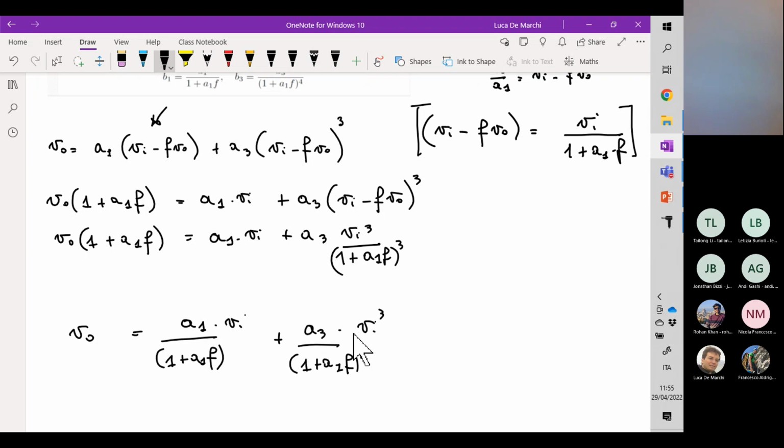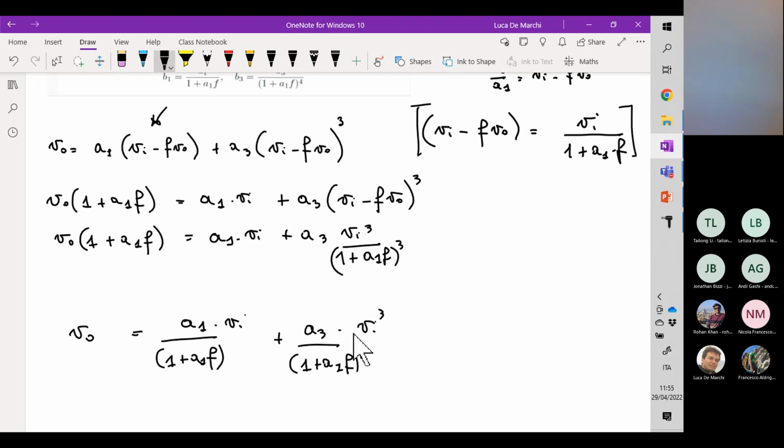Okay, so we can simplify this formula and say that V out minus A times VE is equal to I null divided by Z out. So this is just a rearrangement of this equation.